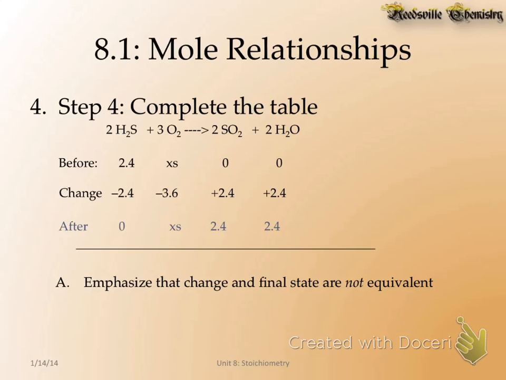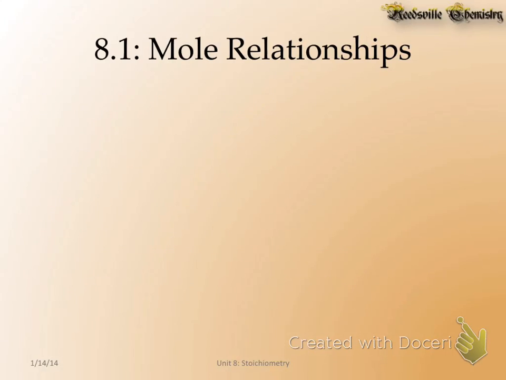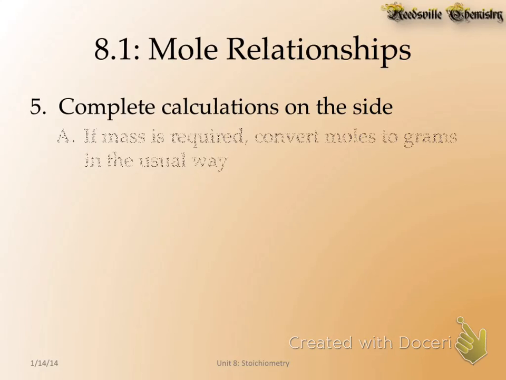We're going to emphasize one thing, that the change and the final state are not equivalent. Even though they sometimes look very similar, this state and this state are not equivalent to each other. They can be different. If there are any calculations that need to be done, you've got to complete those on the side of your BCA table. We saw this with the mole ratio. This also is true if you have to go to mass.